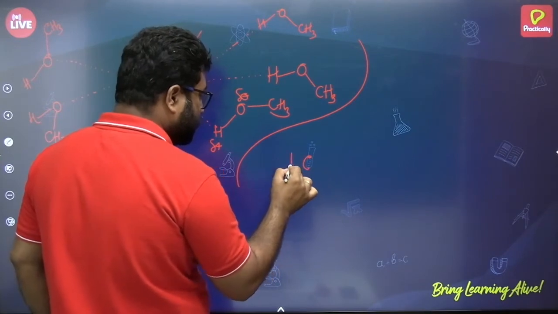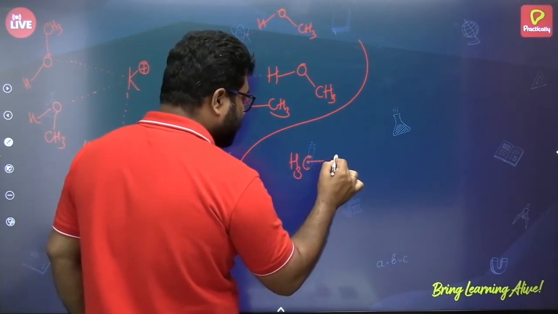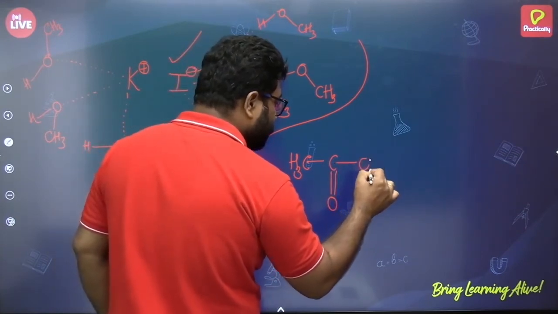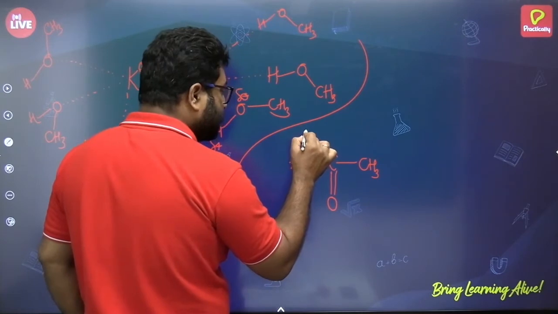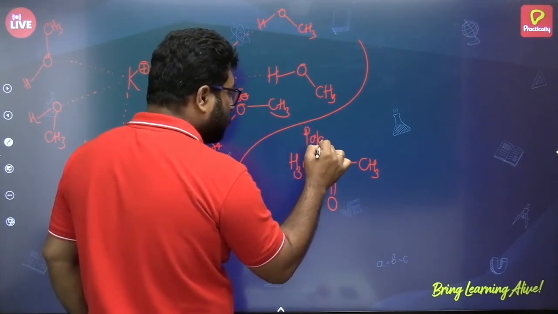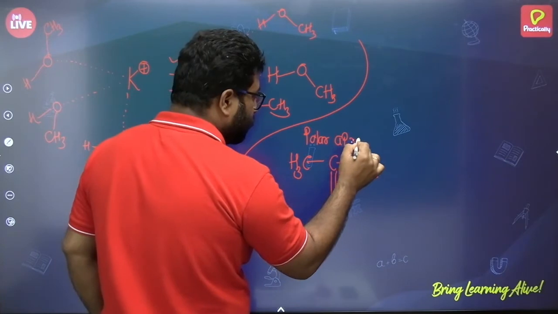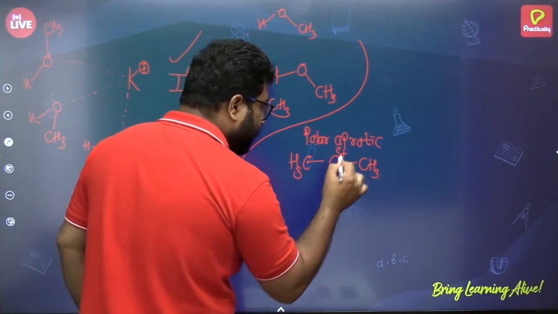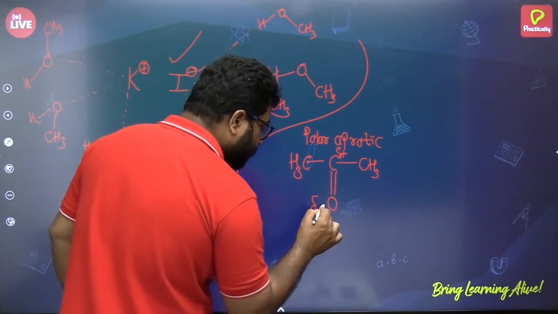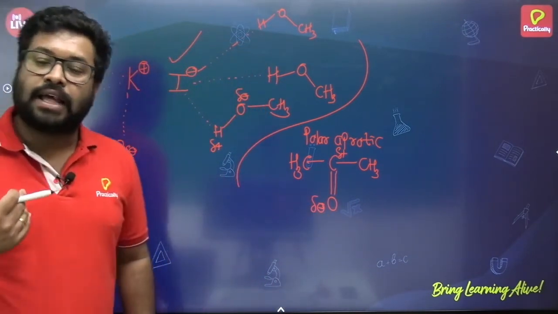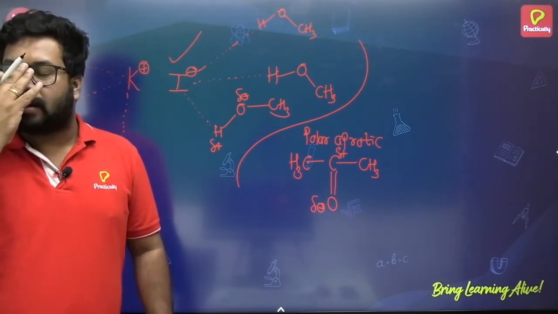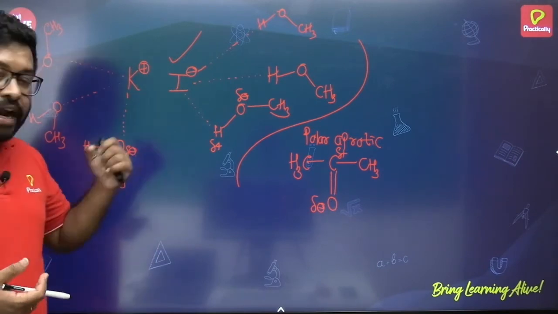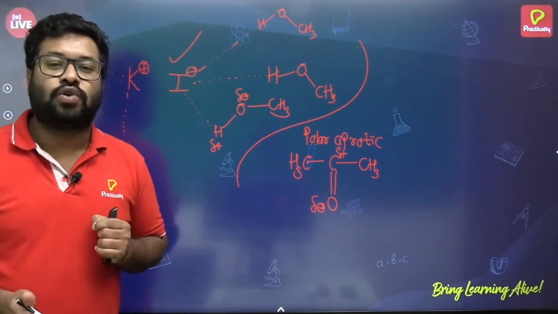what happens? See, this is the acetone, CH3, C double bond O, CH3. I would rather write here polar aprotic. So here your carbon has a delta plus and oxygen has a delta minus. But that delta plus on carbon is not as strong as the delta plus on the hydrogen. That is why the carbon cannot solvate the anion.